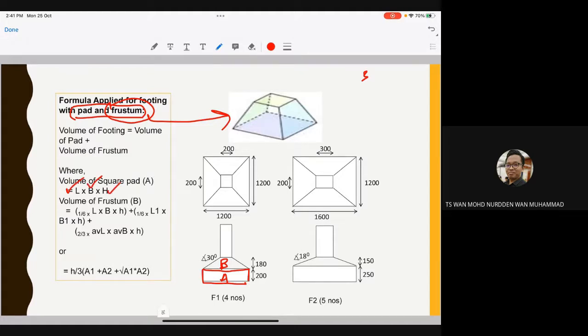Untuk volume of frustum B, ke atas ni B, 1/6 times length times breadth times height. Height tu apa? Height tu yang kat sini lah. Okay, height ni. Height ni. Times 1/6 times L1 times B1 times height.